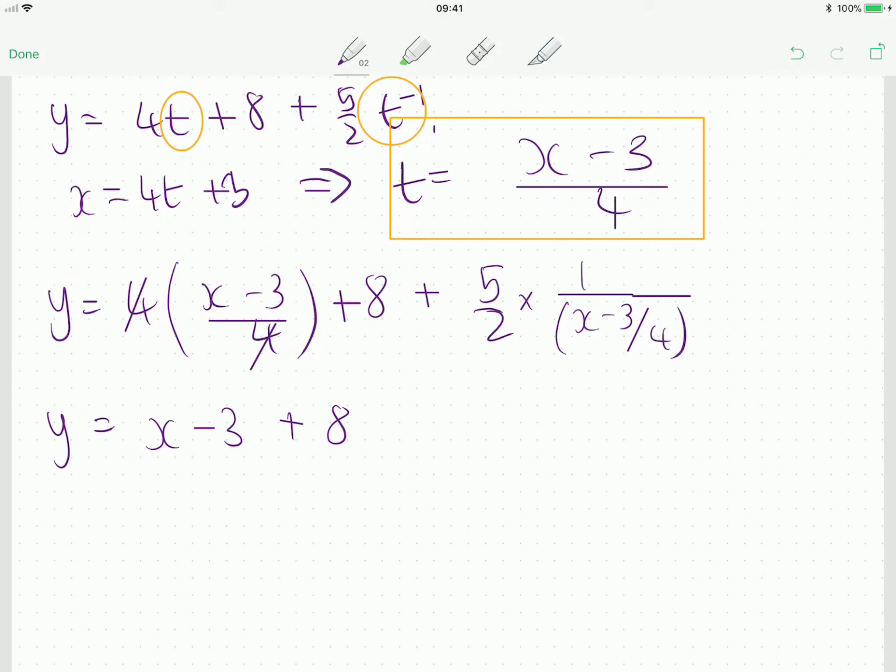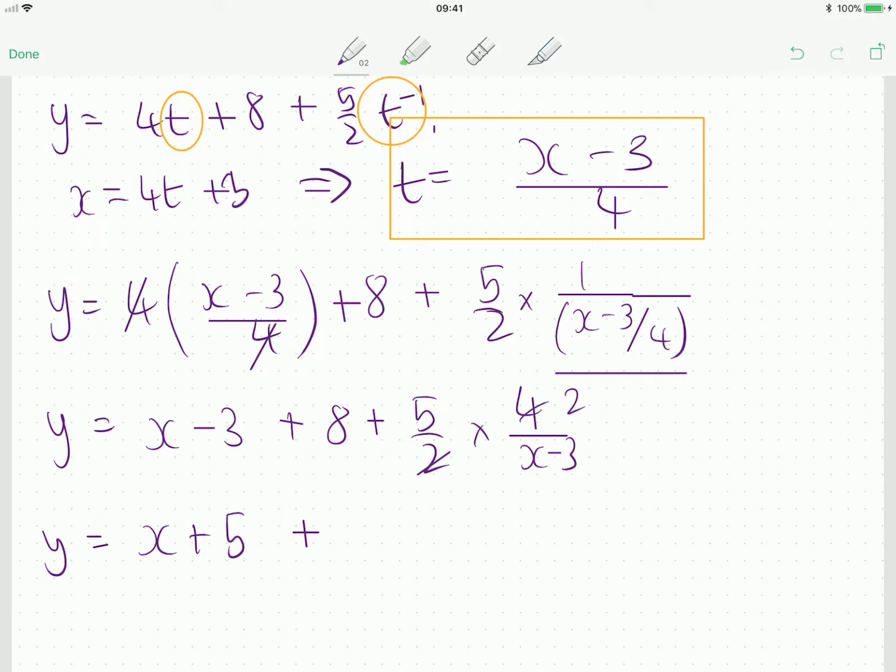We have 8 in the next term. This term, I'm going to do a bit slowly. If I simplify the fraction here, the 4 will jump to the top and the x take away 3 on the bottom. A little bit of cancellation there. So we have x, well, the minus 3 plus 8 is 5. We have 5 times 2 is 10, and on the bottom, x take away 3.